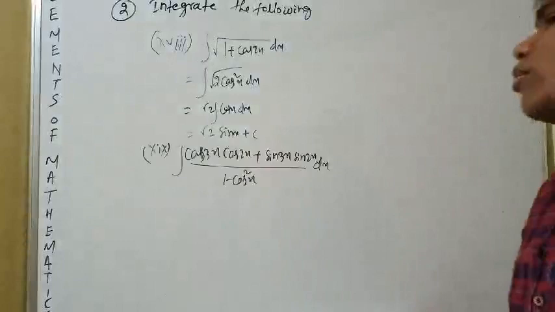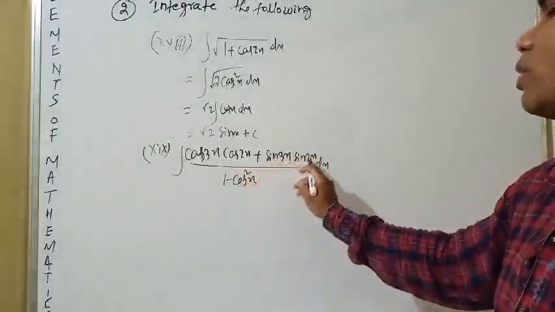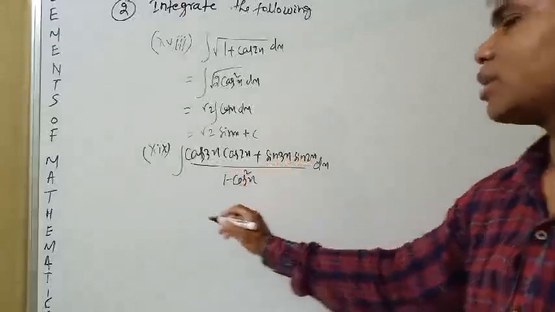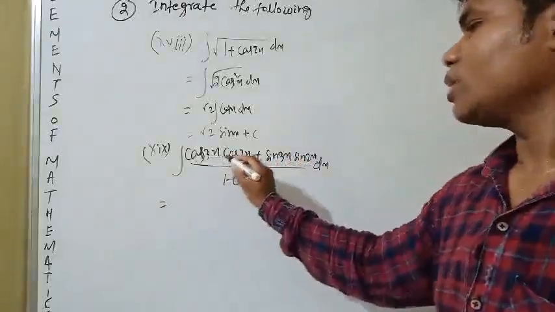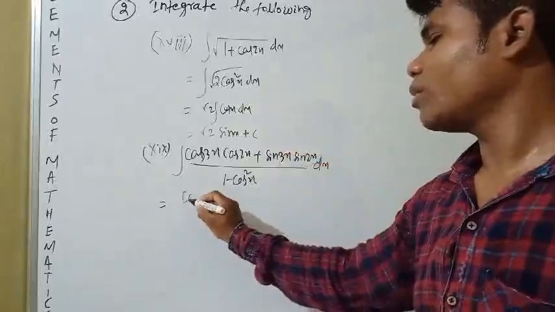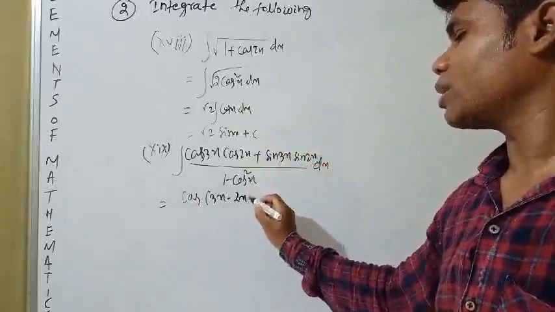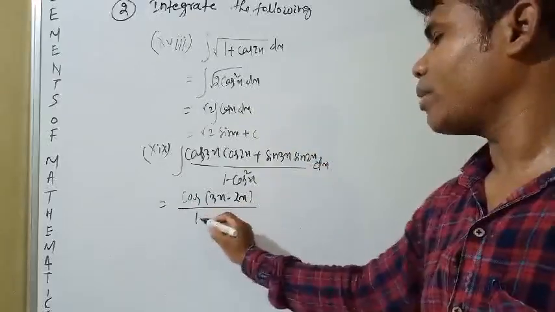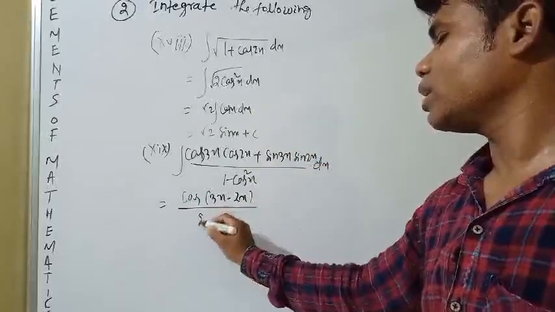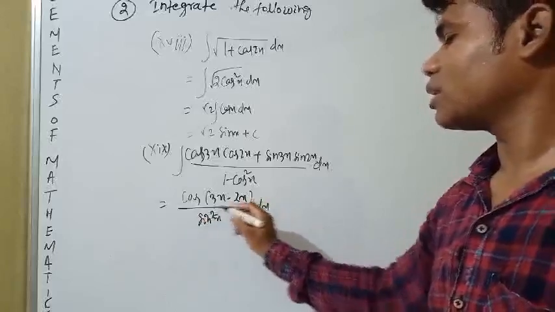You see the next problem, integration of cos 3x into cos 2x plus sin 3x into sin 2x by 1 minus cos square x. You see cos 3x into cos 2x plus sin 3x into sin 2x, this is in the form of cos a minus b, that is 3x minus 2x, by 1 minus cos square x, that is sin square x, dx.